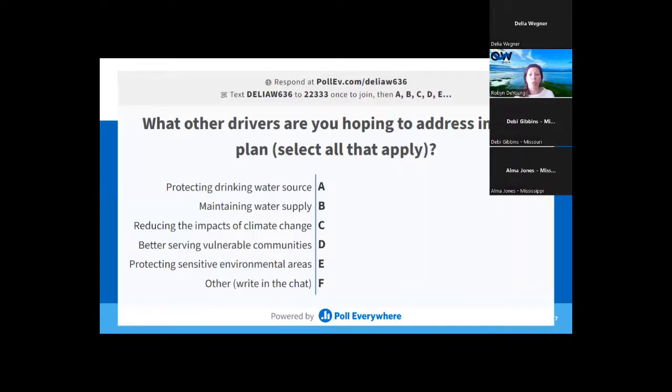So go into your poll here and ask yourself, you know, what are some of the other drivers that you're hoping to address? You know, not just Clean Water Act, but maybe you want to protect your drinking water or maintain your water supply through water reuse. Maybe you're really worried about future impacts of climate change.